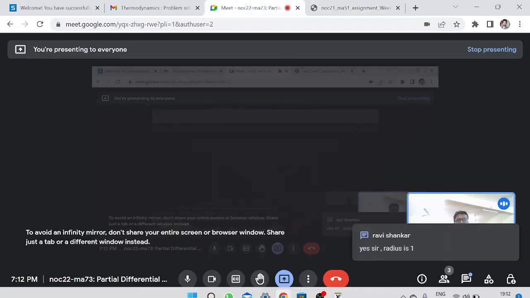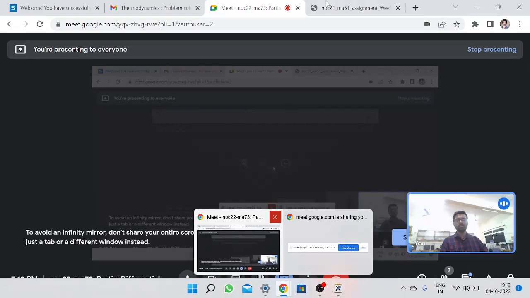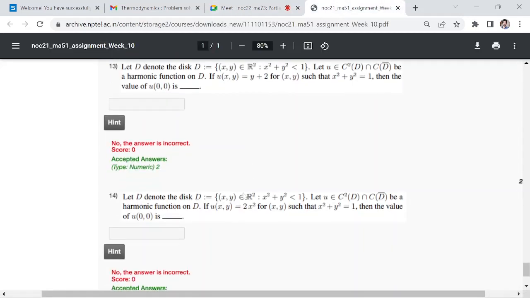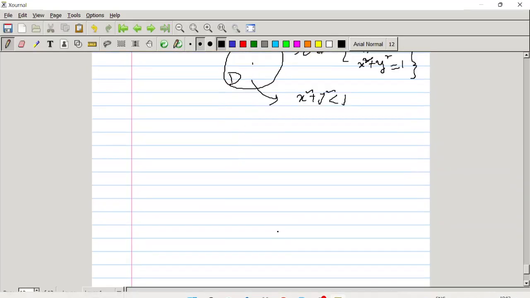Yes, radius is 1. Now you just have to use the same mean value property here also. You have to find the value at the origin, at the center. What is changing is that only on the boundary x square plus y square equal to 1 is the value of u changing. So you have to use the same formula, same method. I am writing question number 14.